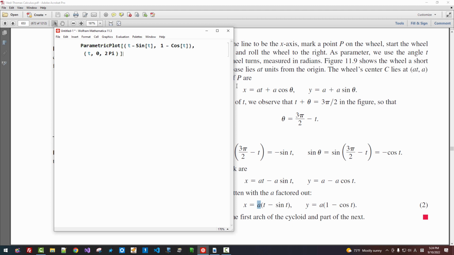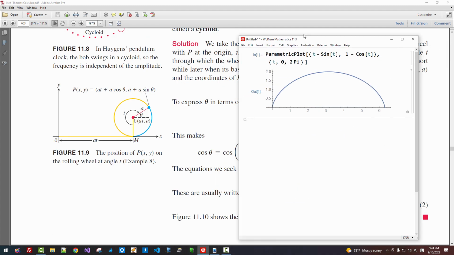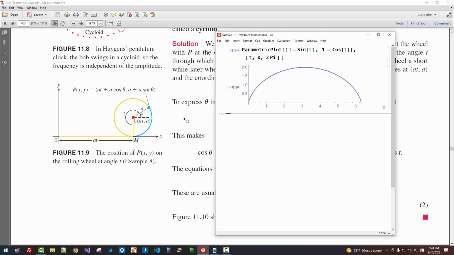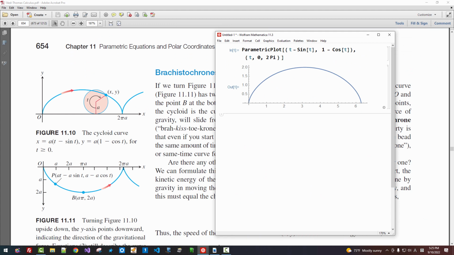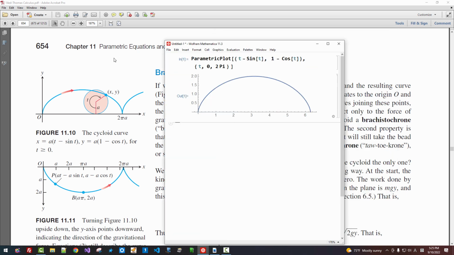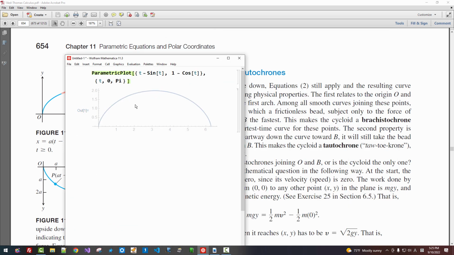Now Shift Enter. Then you will see the graph of the cycloid as in figure 11.10. If we give 4 pi, then it will plot it like this.